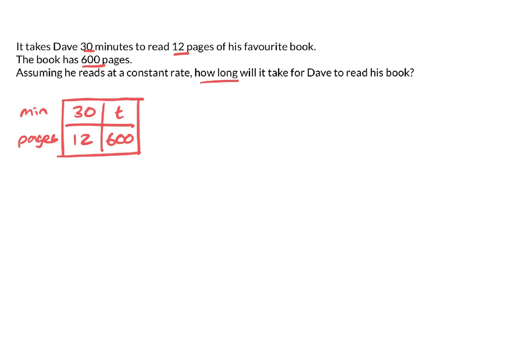So to find t, what do I do? I multiply the two numbers that I have that are diagonally opposite. So in this case, it's going to be 30 times 600, and we divide by the other number there, which is 12. Put that into a calculator, you will get 1,500, and the units here is minutes.